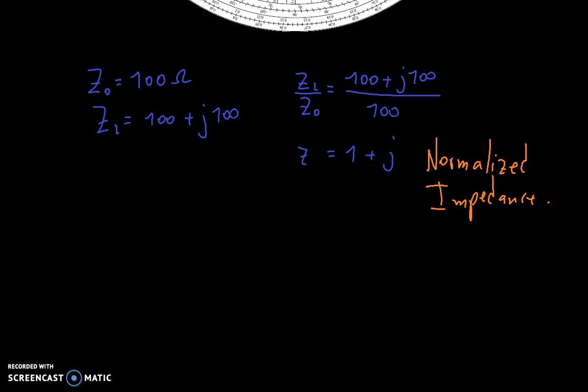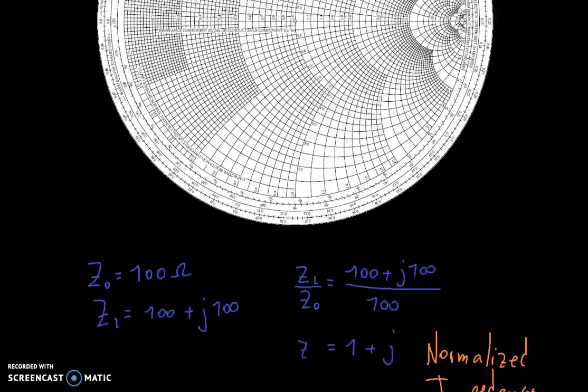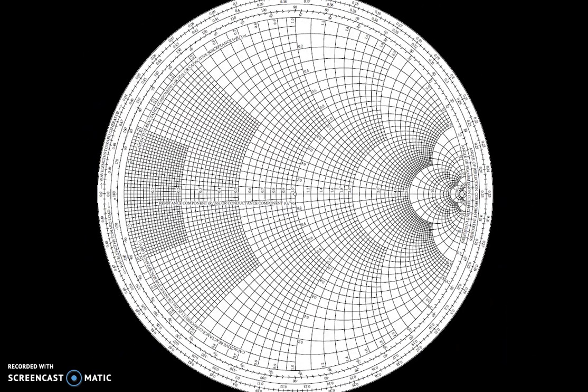So we're trying to find the reflection coefficient gamma. Okay, so now how do we do that? Remember that I'm not sure if I mentioned this before, but on the Smith chart, there's a big circle on the outside, and there's also lots of smaller circles inside.